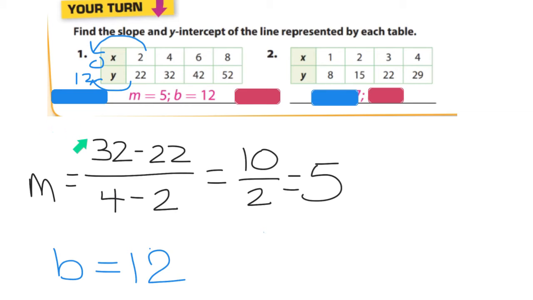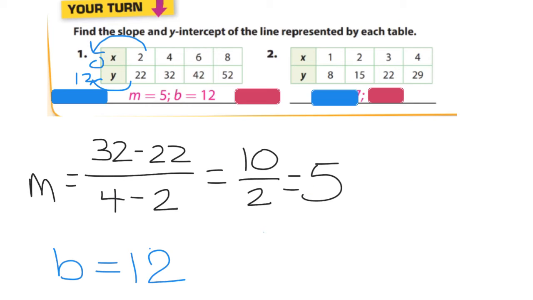On the slope, I took 32 minus 22, and 4 take away 2. So on the y's, I found a 10, and the x's are 2's. So the x's are going up by 2, and the y's are going up by 10. 10 divided by 2 is 5.